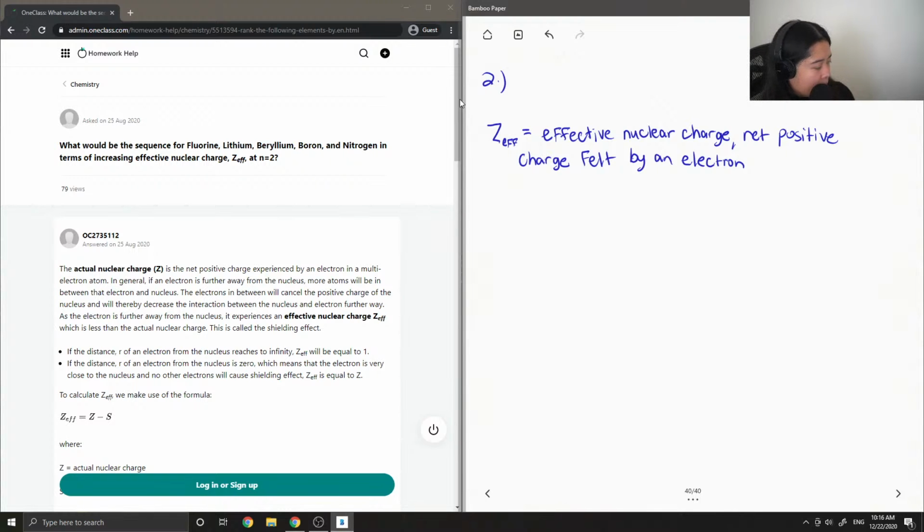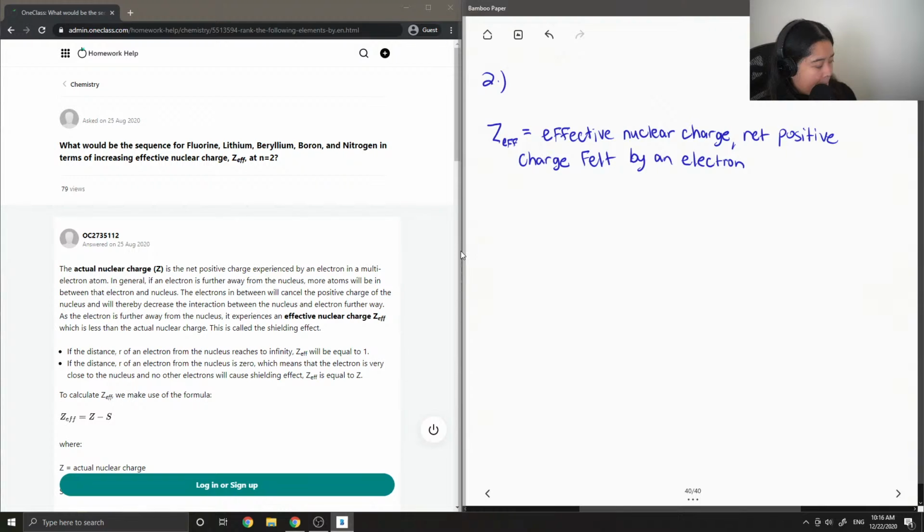So that is Zeff. If we were to have just Z, this is the actual nuclear charge. And I'll also define S, which is the number of shielding electrons.